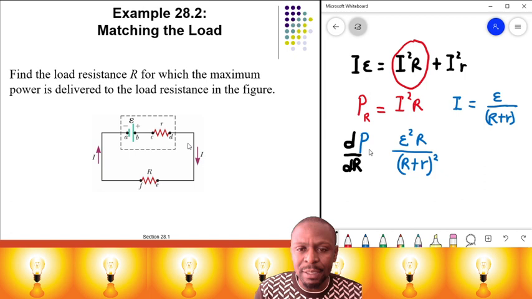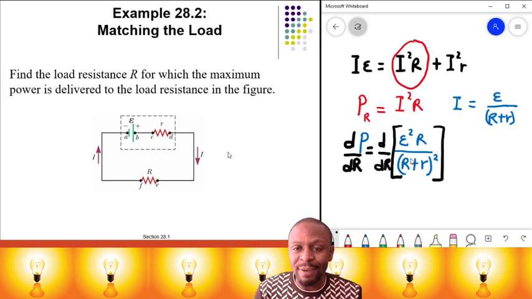Now, as you can see, you've got R as a numerator, and you also have R in the denominator. In that case, you can just use the quotient rule to differentiate this.